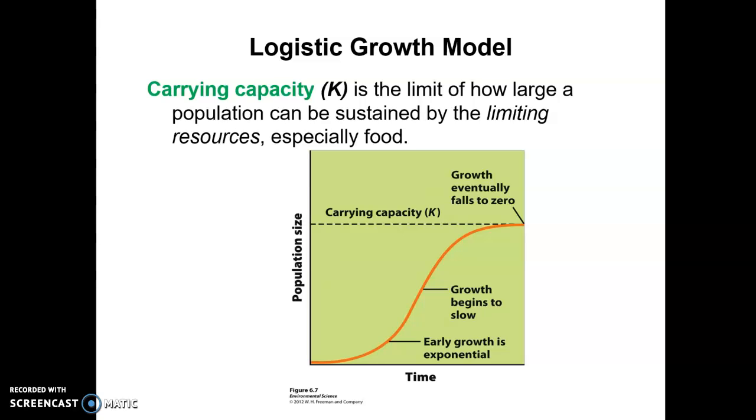And then eventually the growth of the population falls to zero. It levels off and would hopefully continue on at this capacity. That number is referred to as the carrying capacity.